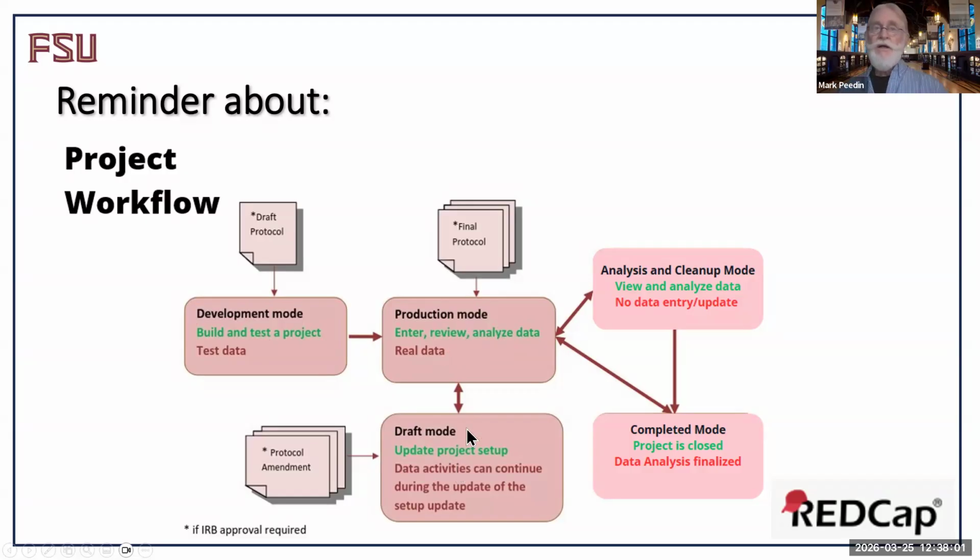That is where you would also do your protocol amendments and update the project settings. We do want to mention that when you're making modifications in draft, you don't want to be changing your code list; this is more for adding new questions or processes.